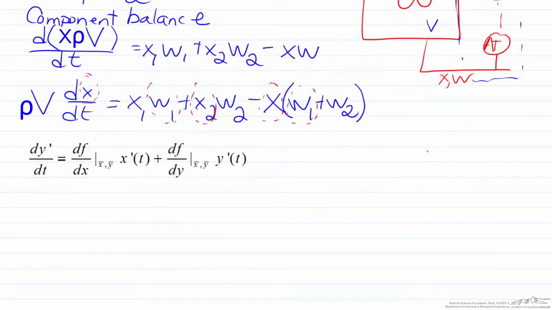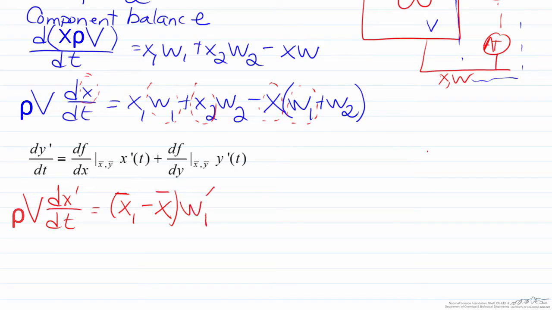So in this case here, we'll actually have a third variable because we have W1, X2, and X, but the logic here follows. Therefore, what this leaves us with is V dx'/dt equals the derivative with respect to a variable. Here we'll start with W1. So we take the derivative with respect to W1, we'll have X1 minus X. And again, these will be evaluated at the bars, multiplied by W1 prime.